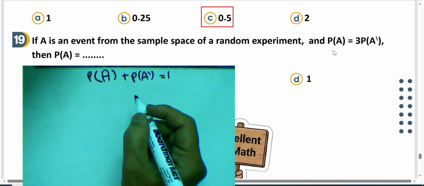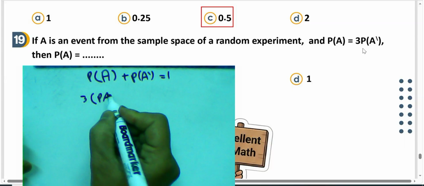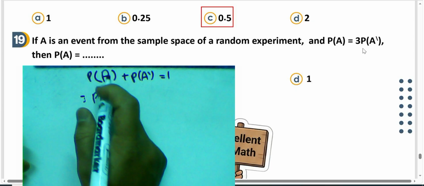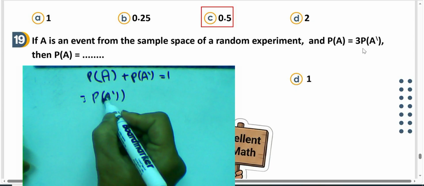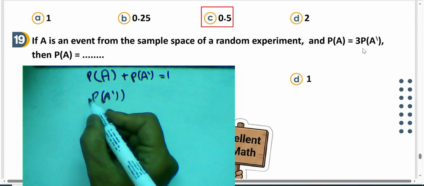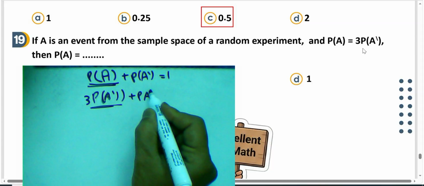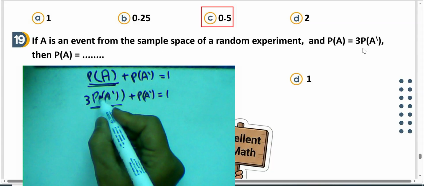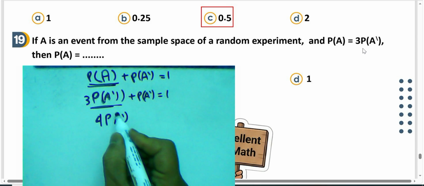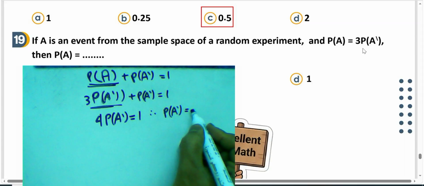He gave me this information: the probability of A equals 3 times the probability of A complement. Then I cancel this and write 3 times the probability of A complement plus the probability of A complement, which equals 1. 3 plus 1 equals 4. Then we have 4 times the probability of A complement equals 1. The probability of A complement will be 1 over 4.